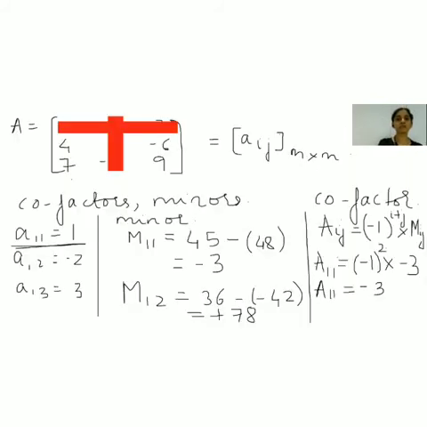So any matrix you can take while doing so. What does it say? You have to first find the determinant value and check whether the inverse exists. If it exists, then we start with finding the minor of each of the elements inside the matrix. Once we find the minors, then we find the cofactors. There is a formula, minus 1 raised to i plus j multiplied by its minor. So every element will have a minor and then it will have a cofactor.